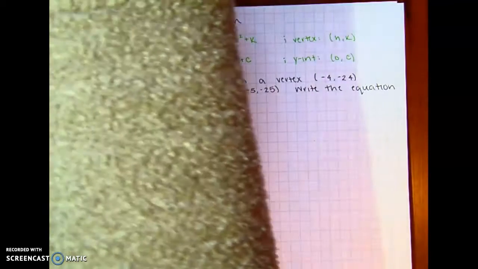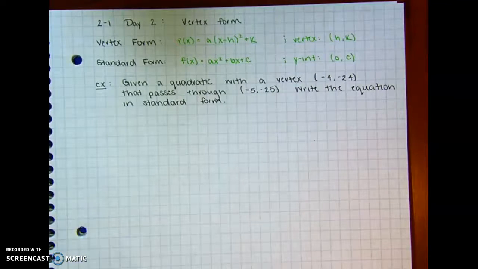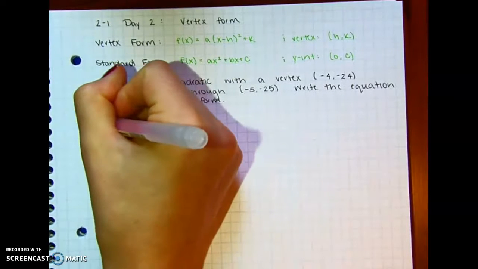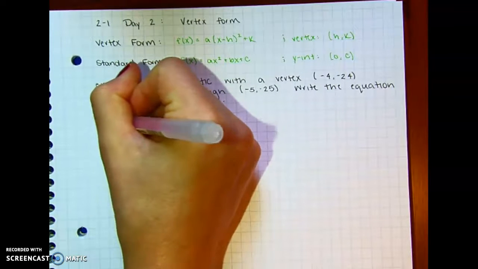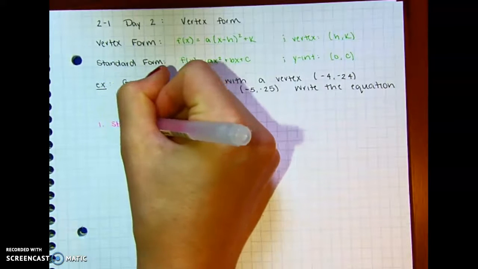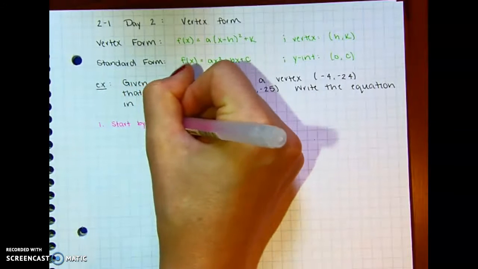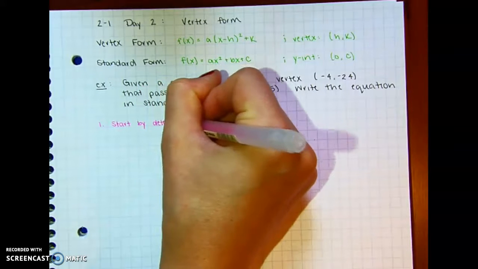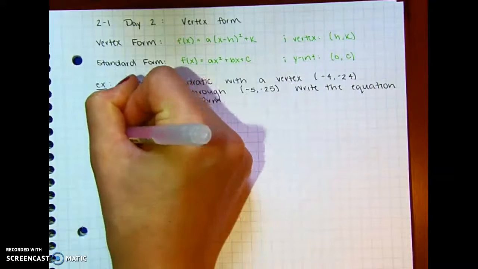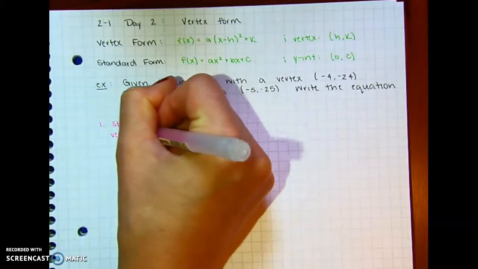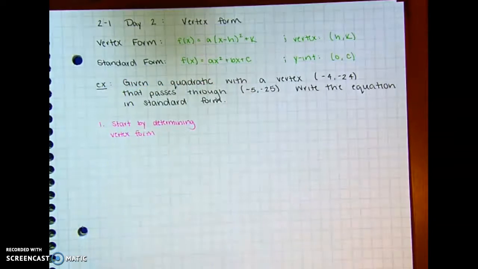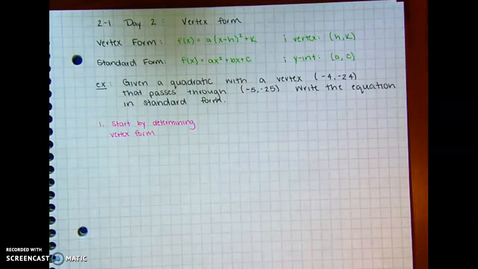Step 1, start in vertex form, because that's the information you're given. You're given a vertex and you're given a point. So we can figure out vertex form of the equation.